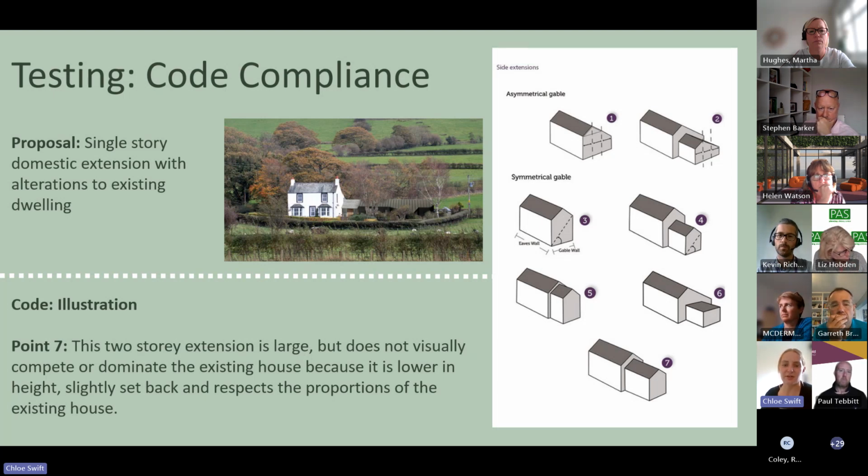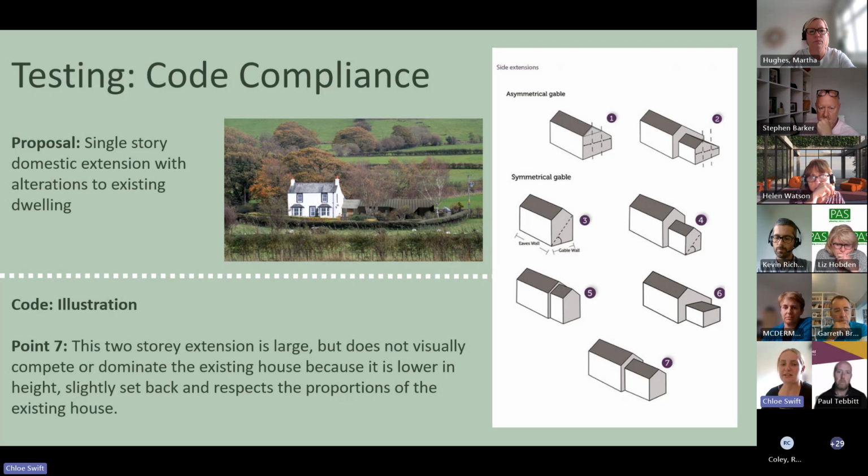The relevant piece of code for this application is shown on the right in the infographic, and each of the illustrations in that piece of code corresponds to coding text. We felt that this application was most similar to example 7 in the code, and the coding text is just there on the screen as well.